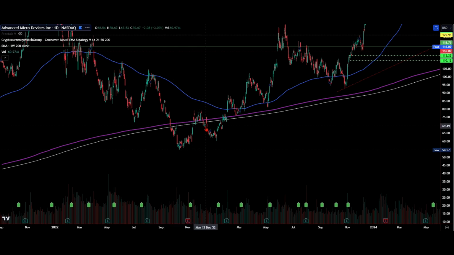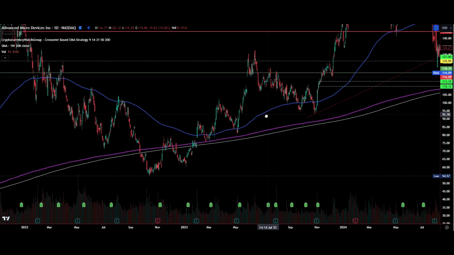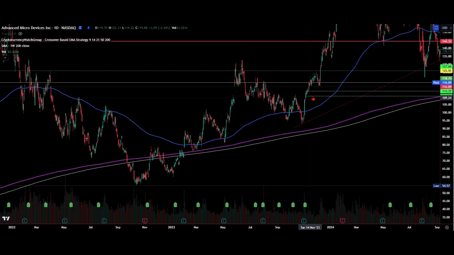Found support, broke through once again the 200 weekly EMA, then finally found support, bounced off, and got over the regular 200 EMA here, 200.